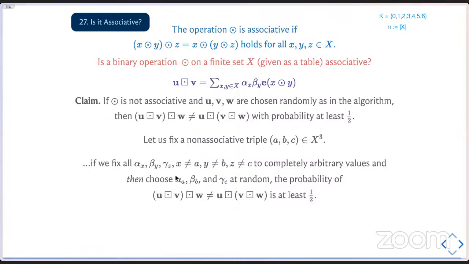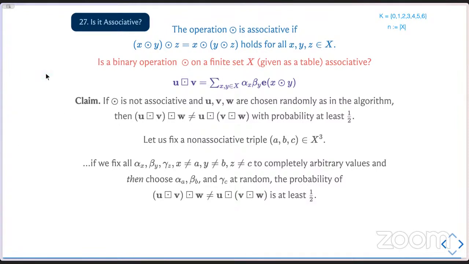So instead of thinking of them as random events, fix any set of numbers that you want, except keep these 3 slots reserved as really random choices. And we will show that under the simplified experiment also, the probability that this non-associativity will actually come out is at least 1/2, which is what we want.